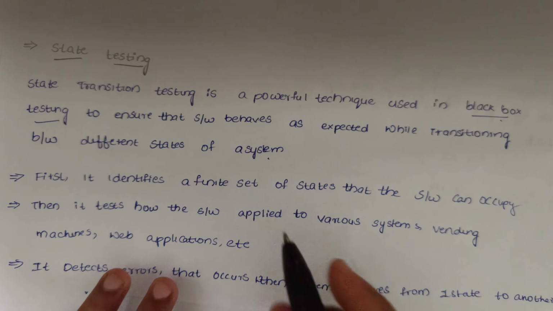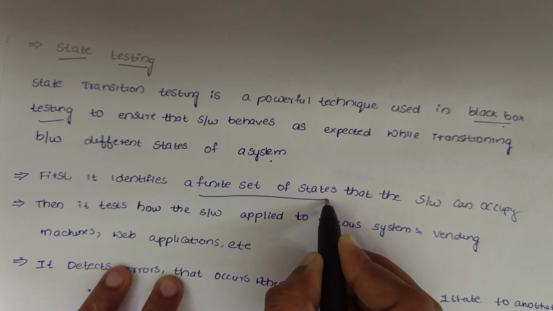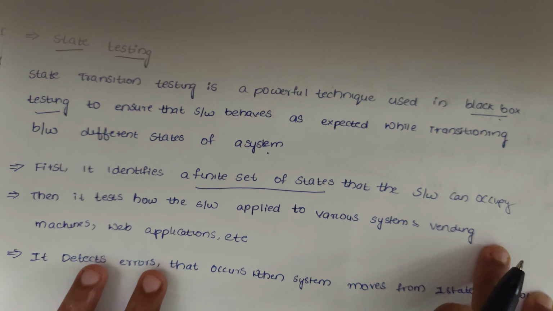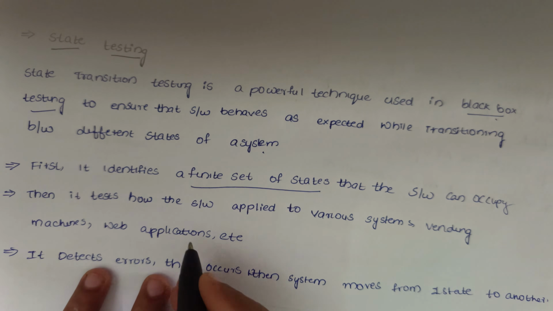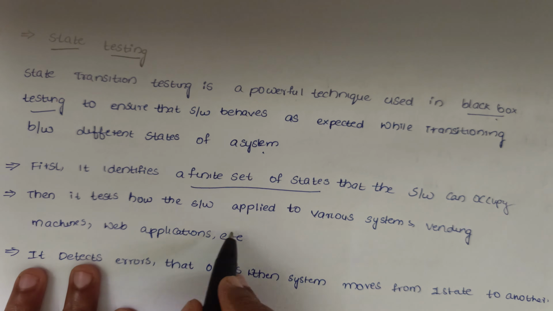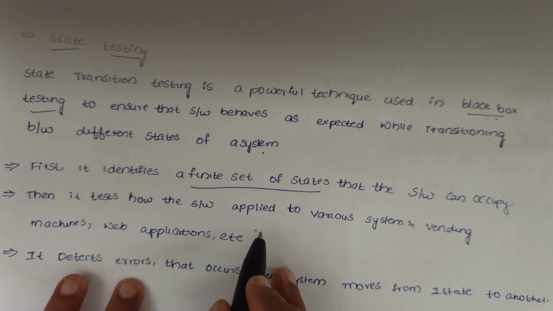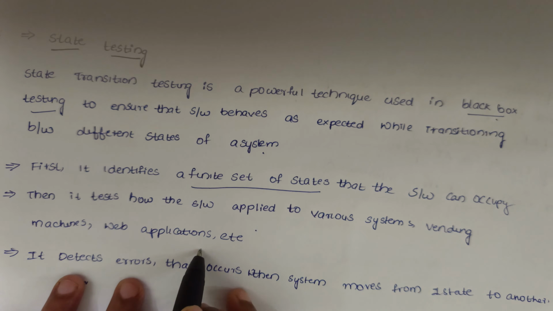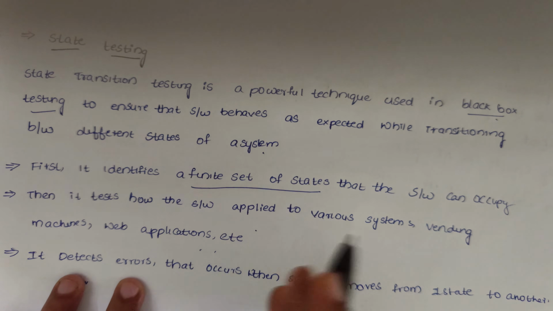It identifies a finite set of states in the software which it can occupy. Then it tests how the software is applied to various systems like vending machines, web applications, traffic signaling lights, and many more.